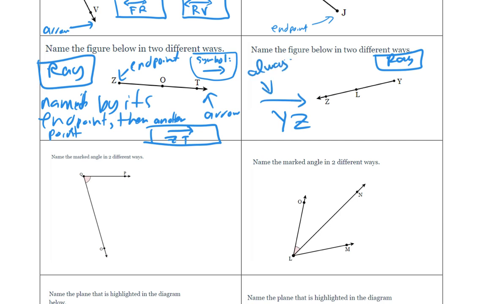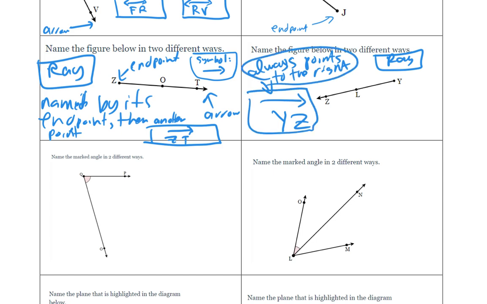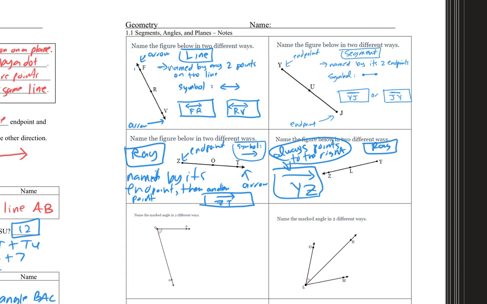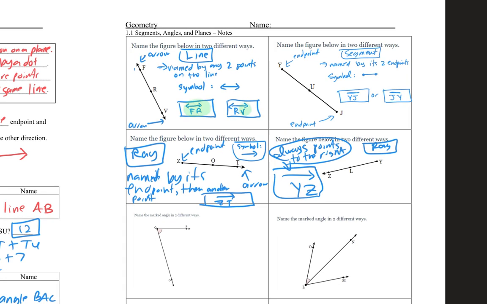So the answer always points to the right. I'm going to take my highlighter, and I think this is helpful for you too. Just go ahead and highlight the answer so that when you're doing your work for yourself, you can see exactly where those answers are.